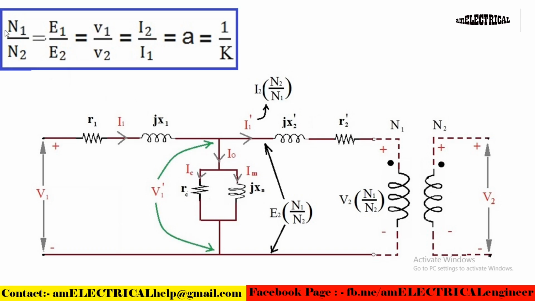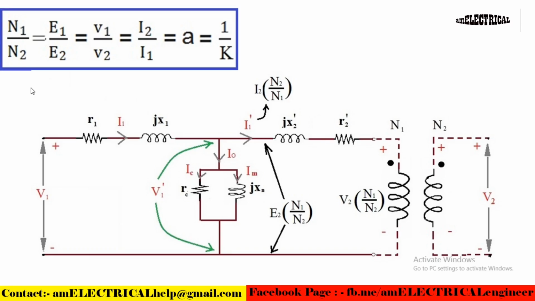Now take the first part, N1 by N2 equal to E1 by E2. From here you can see E1 will be equal to N1 by N2 multiplied by E2. This E2 will come upside. That means when we transfer the EMF E2 to the primary side, it will be multiplied by the factor N1 by N2.